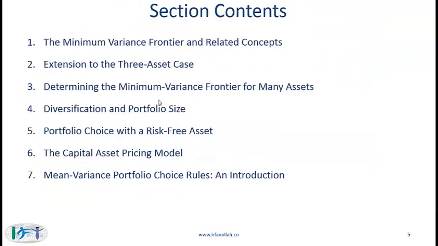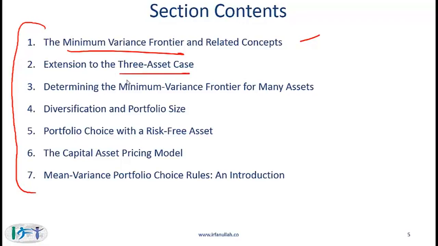All right, section 2, mean variance analysis, has several subsections. We'll first talk about the minimum variance frontier and related concepts. We will talk about 2 asset portfolios over here. Then we will talk about the 3 asset case. We'll talk about determining the minimum variance frontier for many assets. Then we'll talk about the relationship between the size of a portfolio and the diversification benefit.